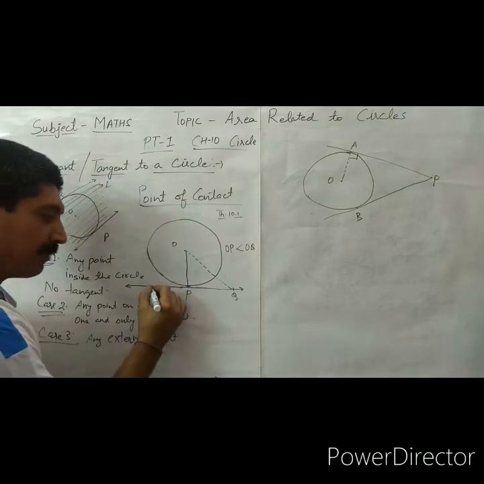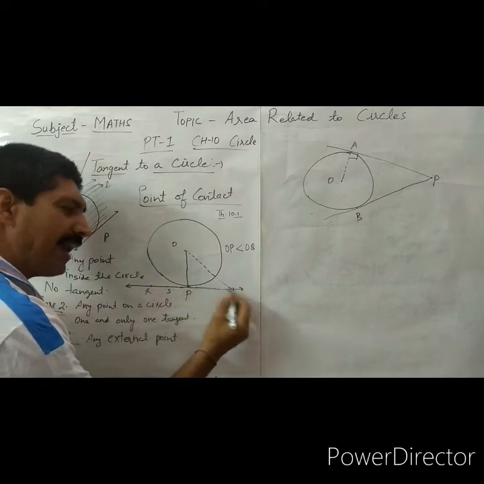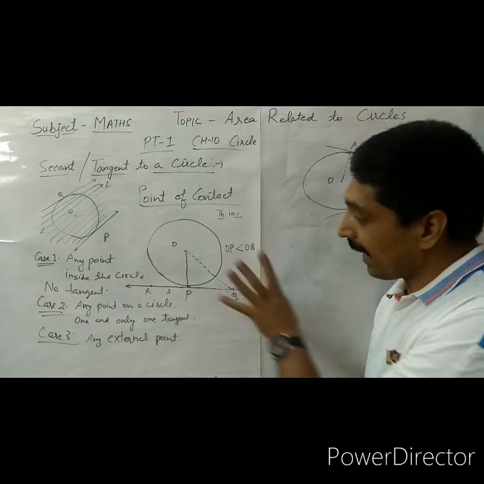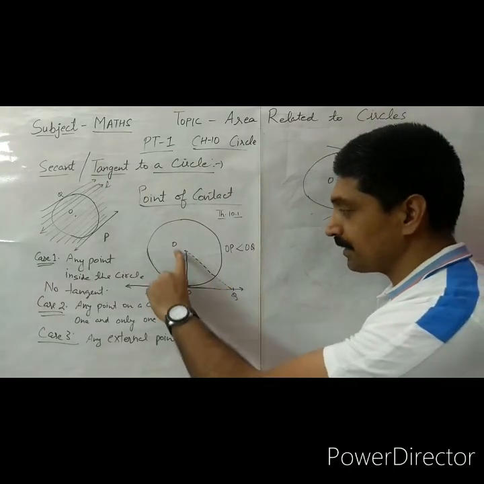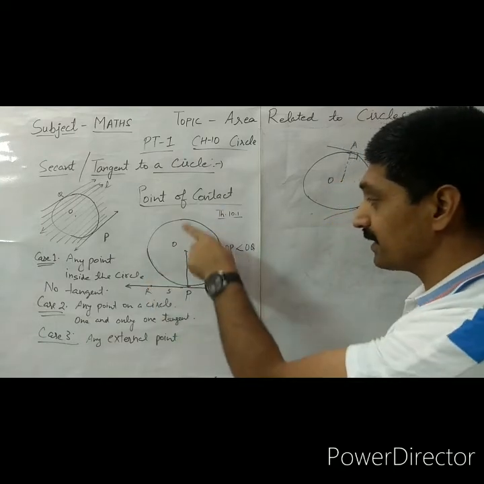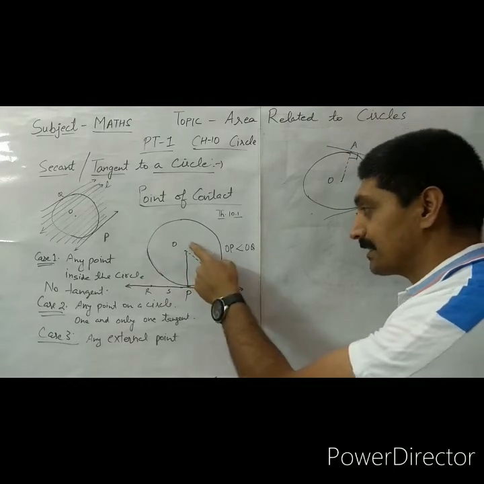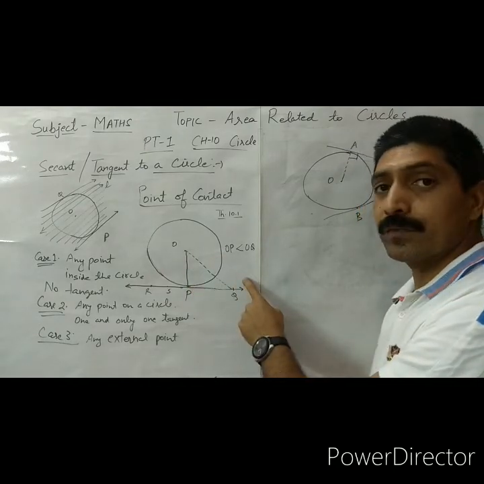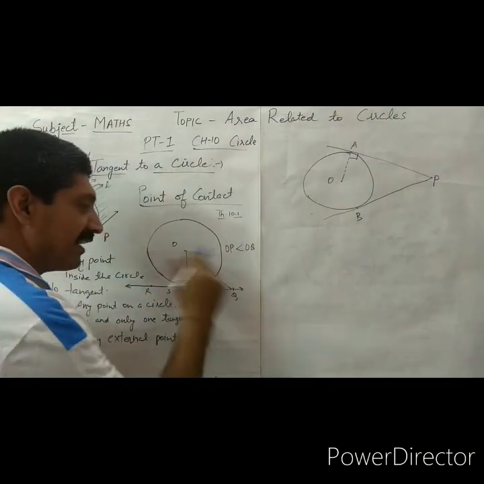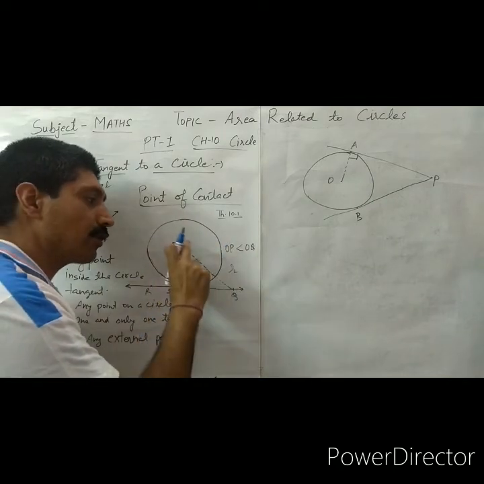If I am choosing any point here, P, Q, R, S, T, any point on this line, then always OP, that is the radius of this circle, is less than the line segment OQ. Or in other words, we can say that the radius of this circle is always of shortest length.